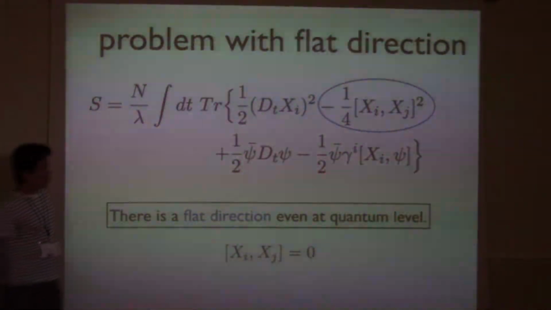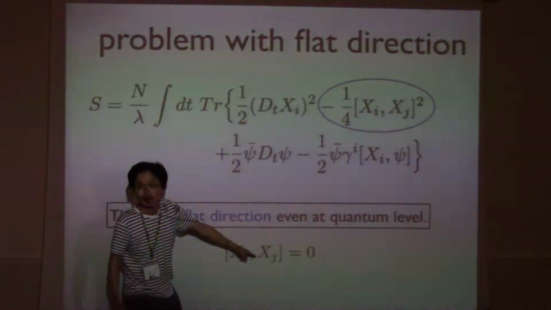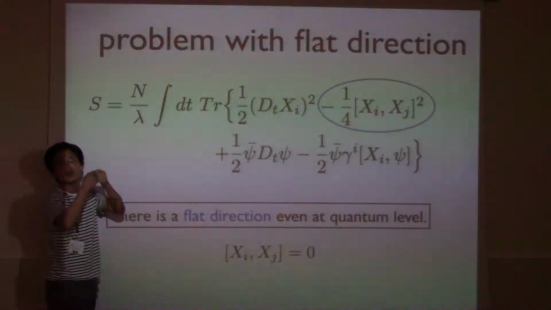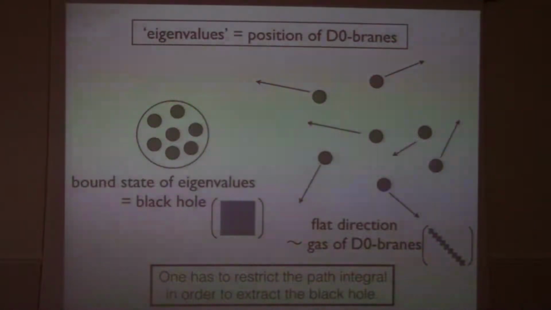So if you just naively do simulation, typically the eigenvalue becomes very large and the commutator goes close to 0, and the eigenvalue just rolls to infinity, and the path integral is divergent. And that's a feature, not a bug. It's actually physics. The interpretation is that the eigenvalues of matrices are identified with the positions of the D0 branes.